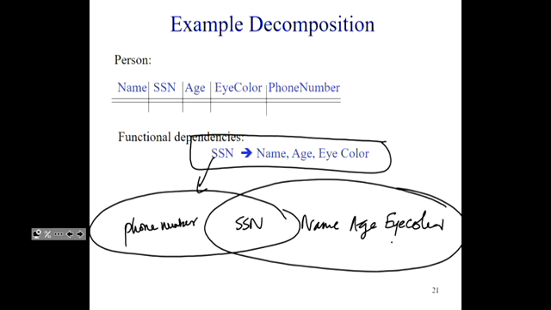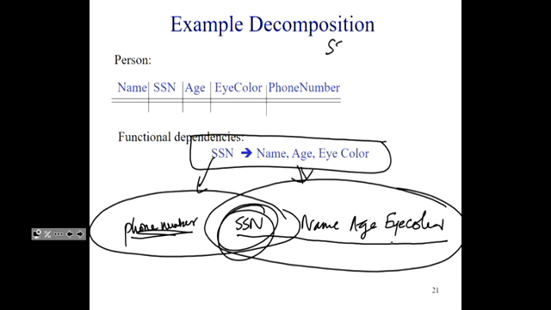Okay? So basically I take this functional dependency and I create one relation out of it which contains SSN, name, age, eye color. And what is left? The only attribute that's left is phone number. Okay? I can't make a relation just out of that. I need to connect that to the other relation. In order to connect it to the other relation, I include the attribute SSN. So the two relations are SSN, name, age, eye color, and this is just from this functional dependency.